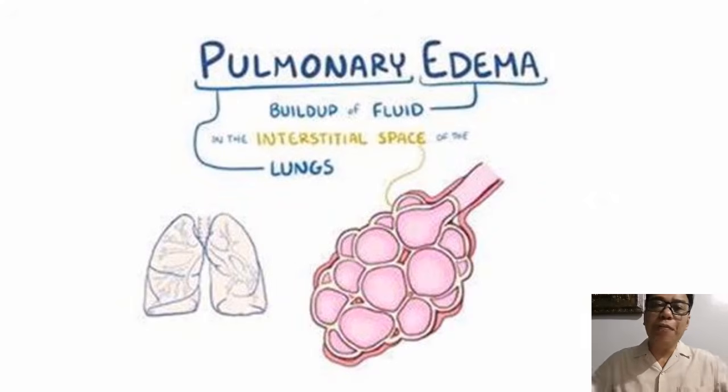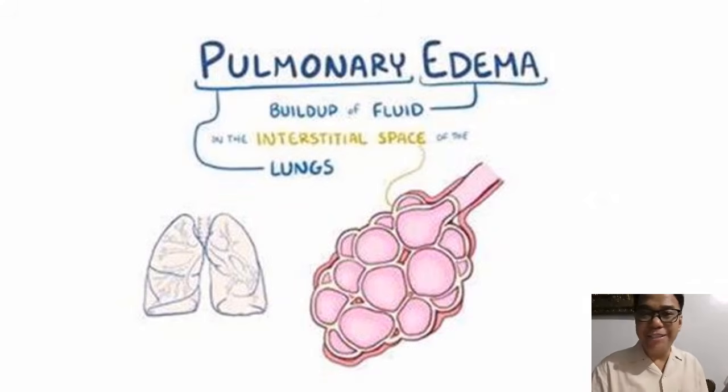Okay. So for our signs and symptoms, usually patients with pulmonary edema might experience fear. They could also experience anxiety because they don't know what's happening to them, but they feel that there's something bothering them. Okay. So just like a while ago, they could have the early sign of hypoxia.